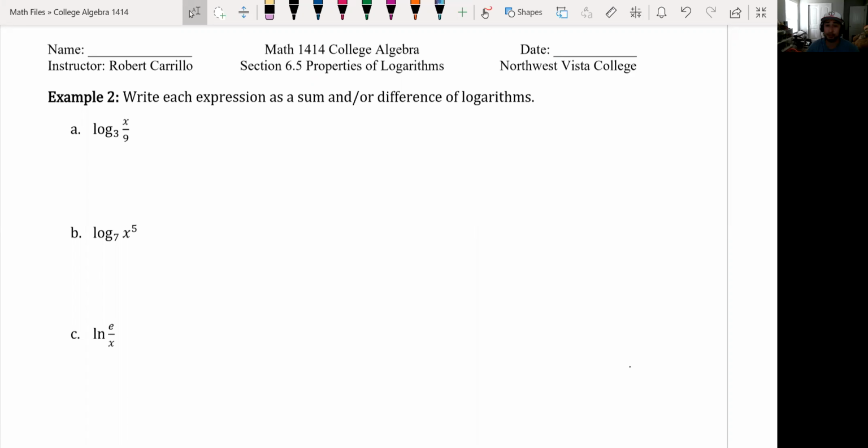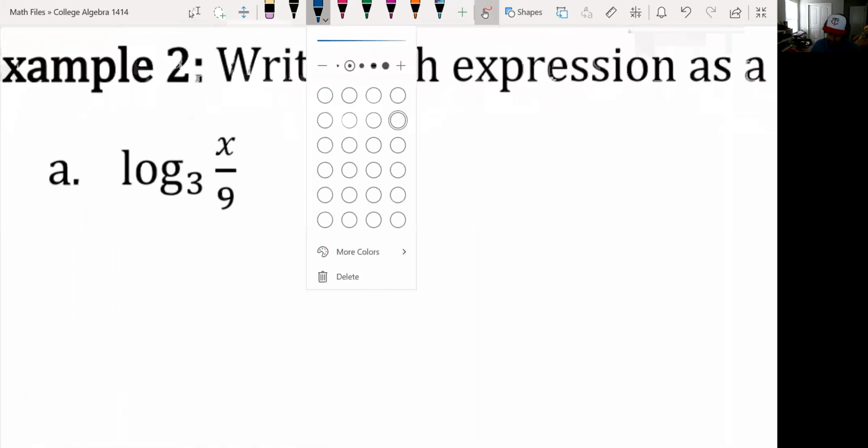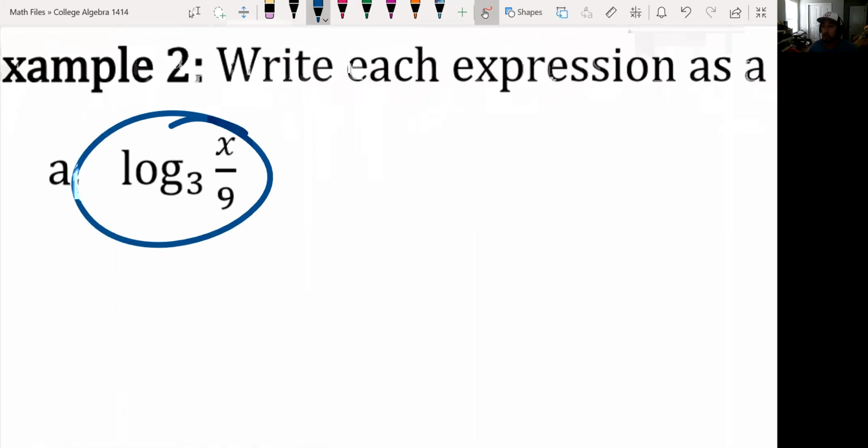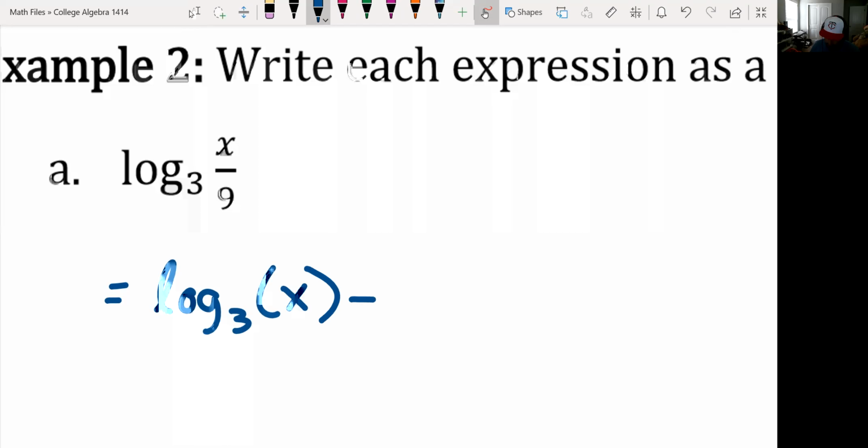So now these examples, we want to take the logs and expand them. So by our log properties, this first one is going to use the quotient to difference. So we see that you have a quotient on the inside. So now this will become log base 3 of x minus log base 3 of 9.